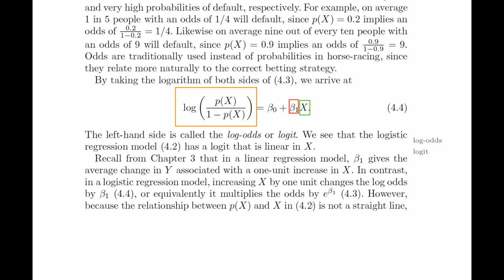If you take e to the power on both sides to remove the log, the odds increase by e to the beta 1.